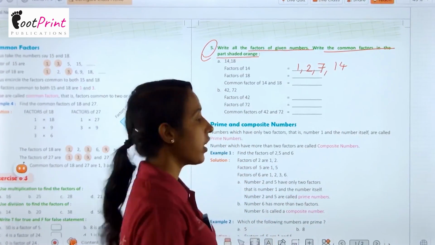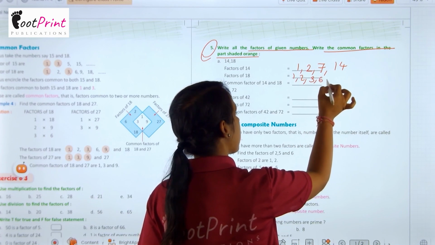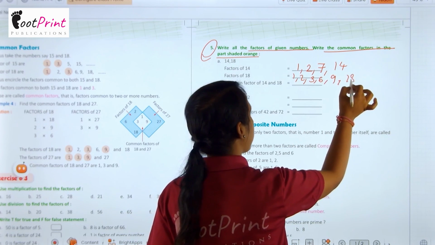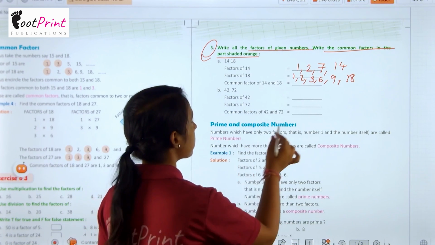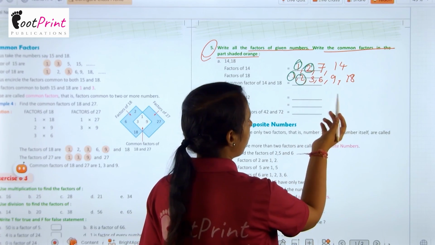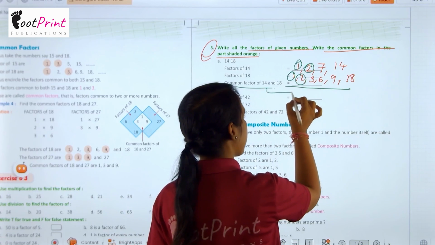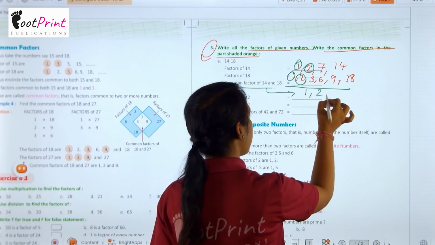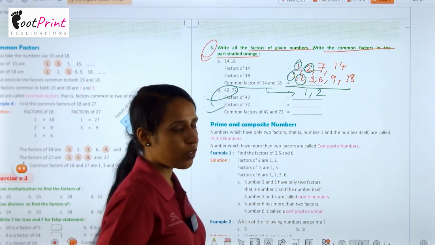And factors of 18 are 1, 2, 3, 6, 9 and 18. And the common factors will be only 1 and 2. So we can write here common factors of 14 and 18 are 1 and 2. Okay. Just like that you have to solve these questions also.